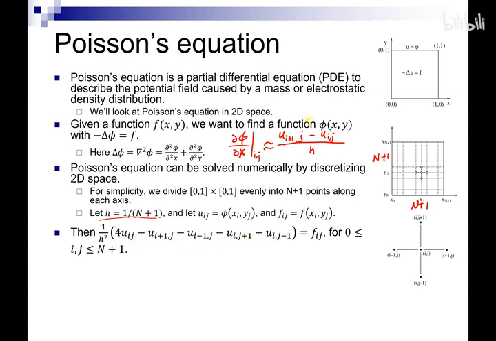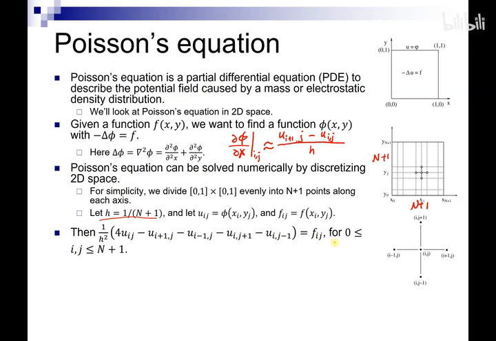Just like over here, you can write the second derivative in terms of the u values, and you want this to be equal to the value of f at this location. You want this to hold for all the points, for all ij from 0 to n plus 1. That means you have a bunch of these equations: for each value of i and j, you have one of these equations.